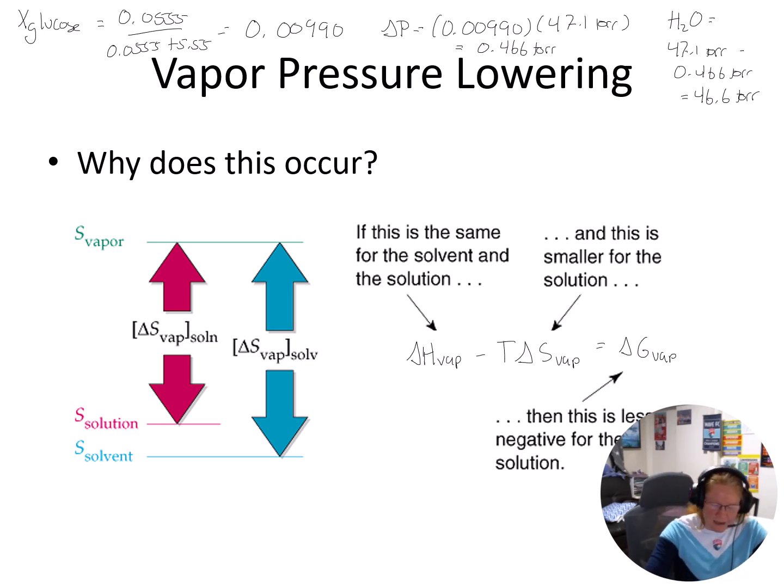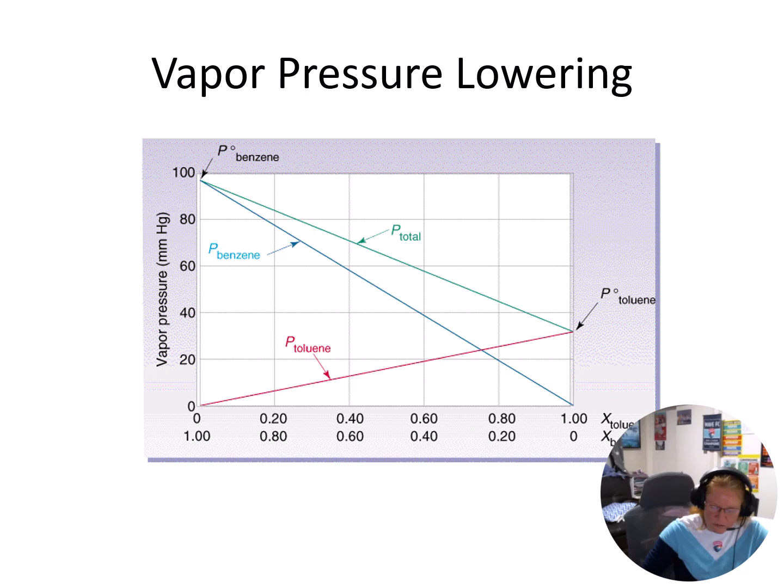Now, when I look at two volatile substances like benzene and toluene, I have to look at the vapor pressures of both because they both vaporize. And so the vapor pressure of my solution is going to be a mixture of both vapor pressures.